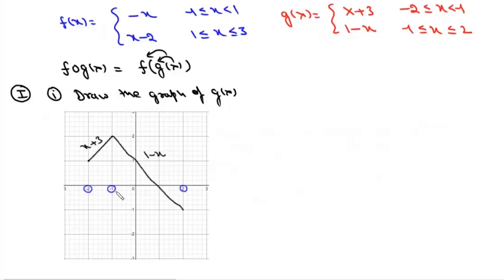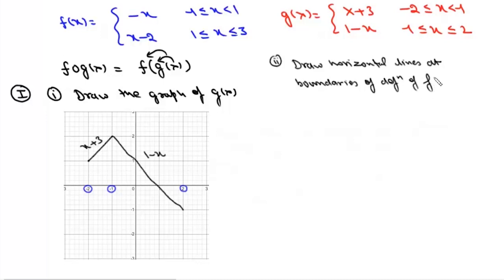Now the next step is to draw horizontal lines at the boundaries of definitions of f(x). Now the boundaries of definitions of f(x) are at minus 1, 1 and 3.